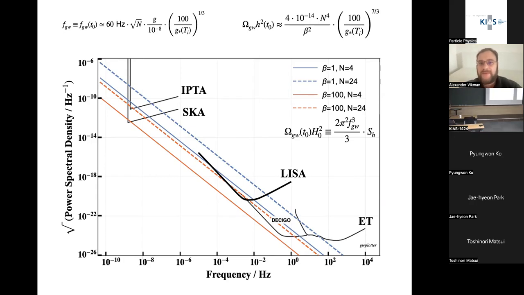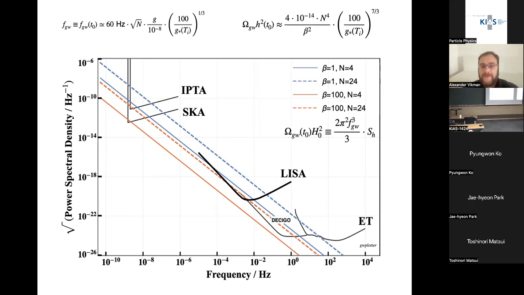As you see, we can just scan. We fix beta, we fix the number of degrees of freedom in the thermal bath, and then we scan over different g's and look at the peak of the signal in terms of omega. Then we need to plot this S_h. So you see S would be inversely proportional to f cubed, multiplied with this omega.